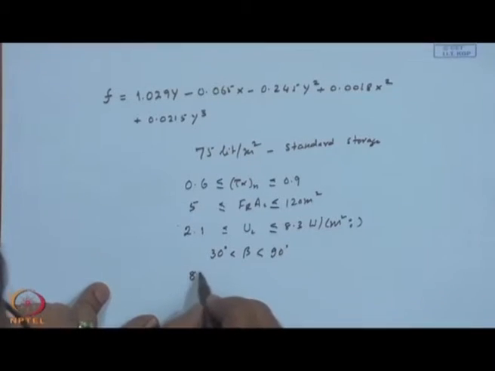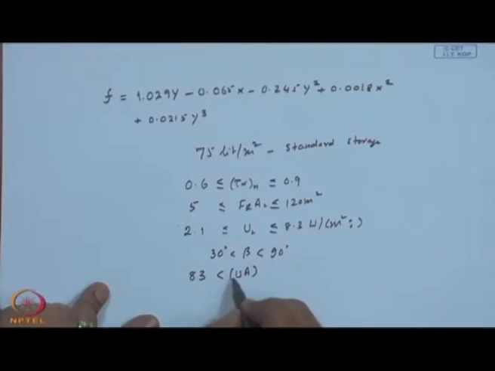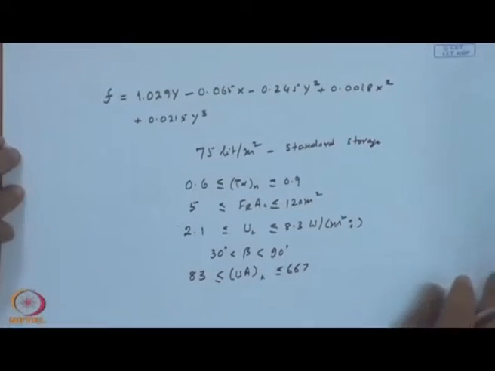And the building loss coefficient, which we discussed yesterday in detail, is in the limits 83 to 667. So, this, when multiplied by the degree days, will give you the space heating load directly.